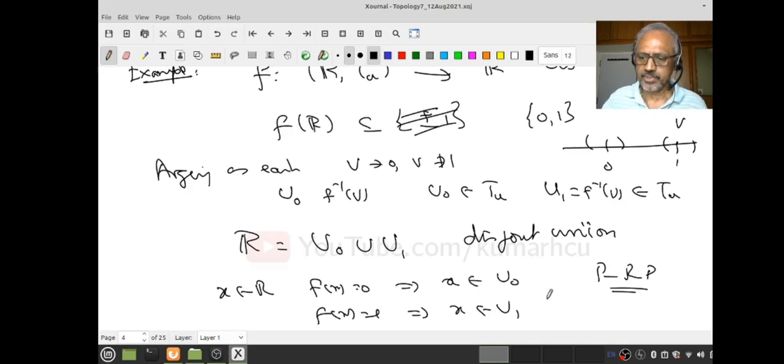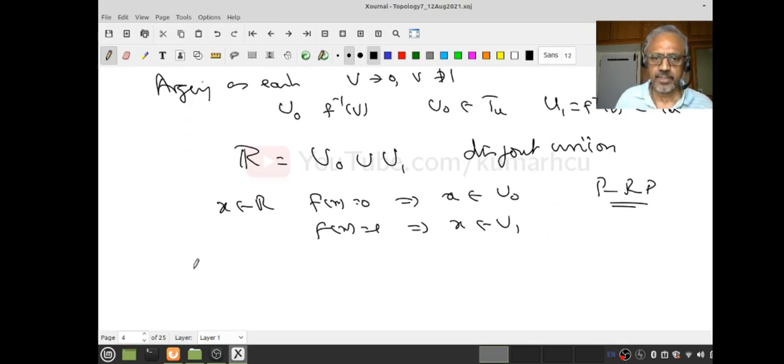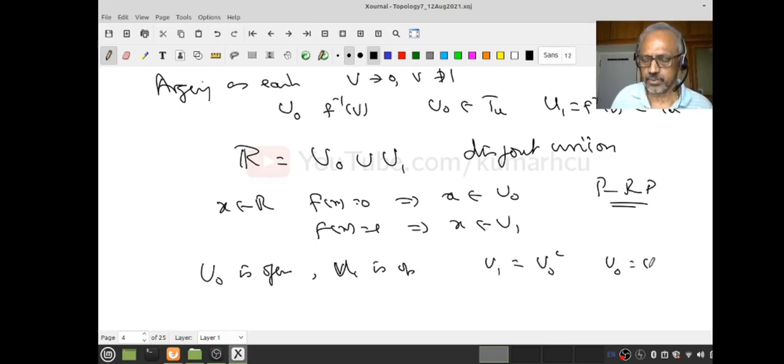And we also found out something very interesting. What did we find out? We found out that U0 is open and U1 is also open. And U1 is U0 complement, and U0 is U1 complement. Do you understand? And U0 is not empty, U1 is not empty, assuming f takes both the values 0 and 1.